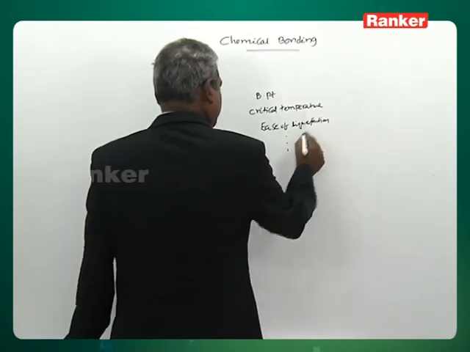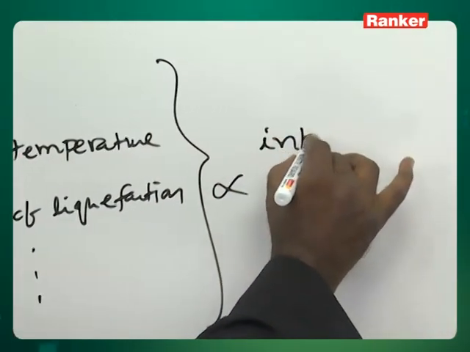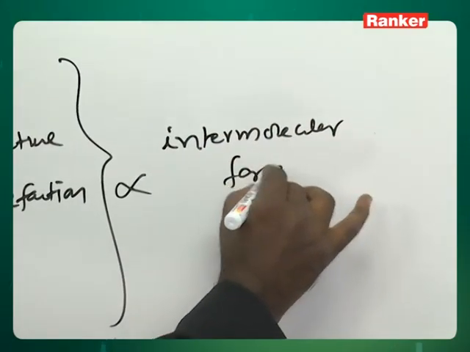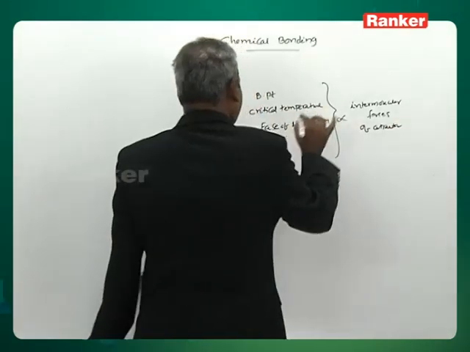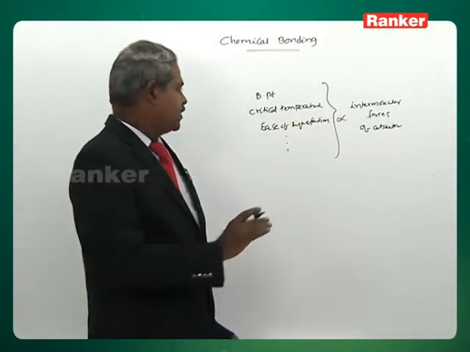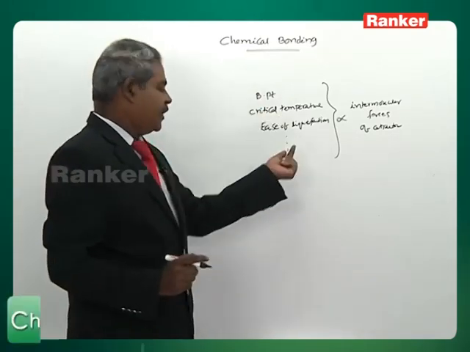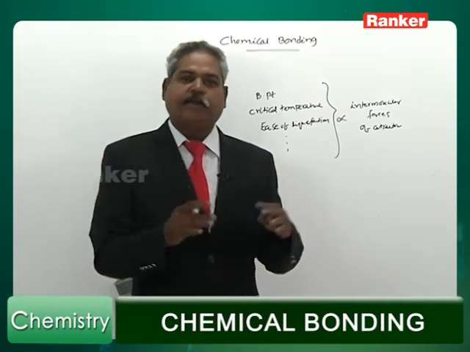There are many things which are directly proportional to intermolecular forces of attraction. Here, I can't define critical temperature, we are unnecessarily deviating from our main point, but definitely boiling point and ease of liquefaction, bringing the molecules together and separating them.